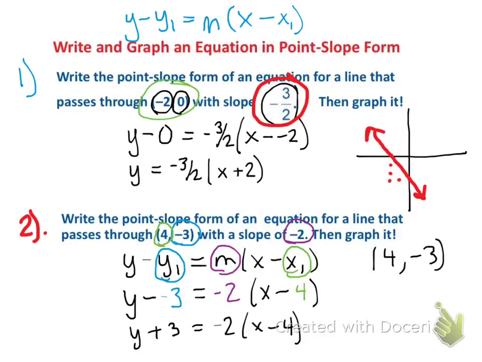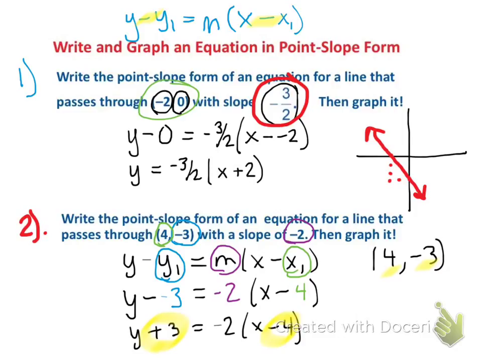But notice how it appears in the equation. It looks like a -4 because the format has subtraction signs. So that means it's the opposite of whatever is written. So it looks like a -4, so it's going to be a +4. It looks like a +3, so it's going to be a -3. That's how you have to read it to be able to see what the point is.